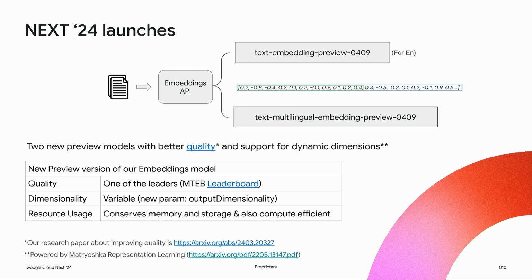And then along with us being at the top of the leaderboard, we are also introducing a new feature we call dynamic dimensions. So traditionally, what happens is when you have to map a particular type of data into vectors, you would use fixed dimensions. In some cases, you may not need that many dimensions.